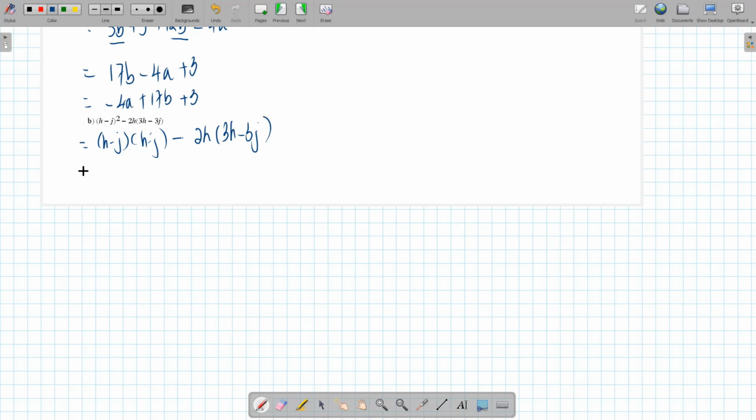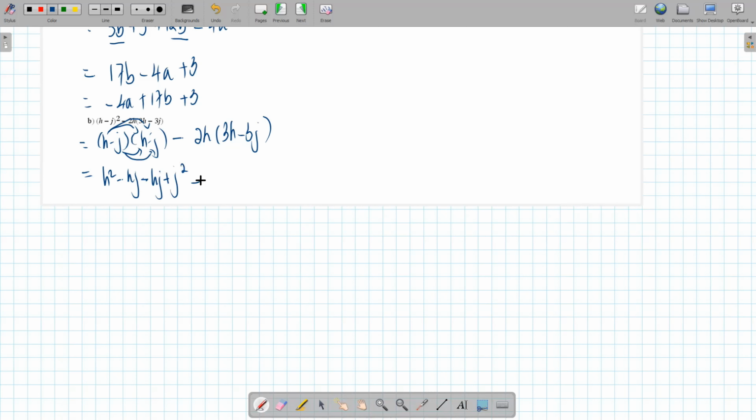We do the expansions for the first part. h times h, we get h squared. h times negative j, we get negative hj. Then we repeat the same thing for this. This one also negative hj. And then negative j times negative j, we get a positive j squared here.